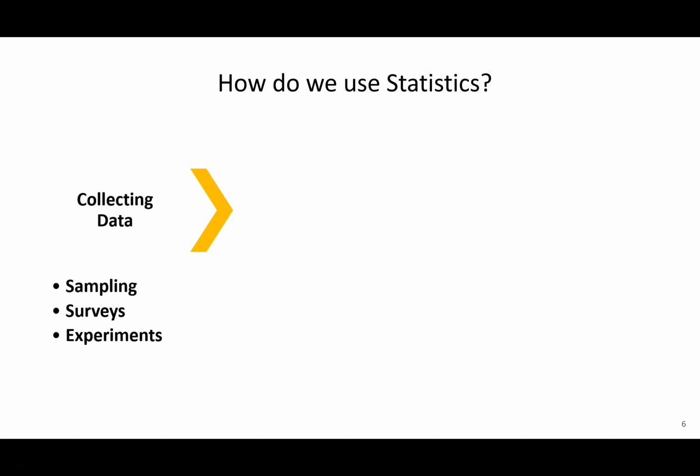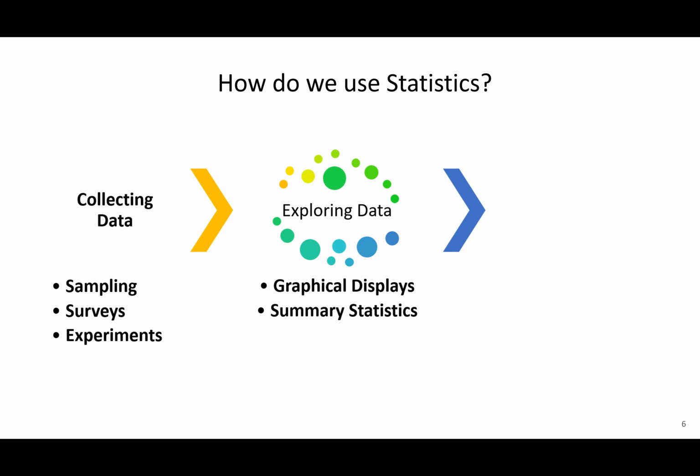But the basics, we start by collecting data, and this involves a lot of design, how sampling, how you choose the individuals in your data set, your surveys, experiments. Each one of those bullet points could be a class in and of itself. And then once you have the data, you explore it.